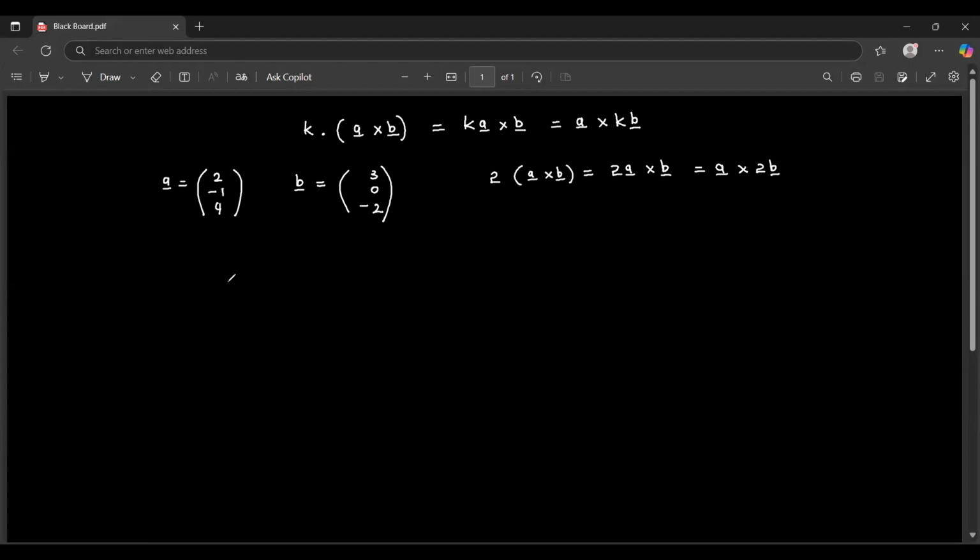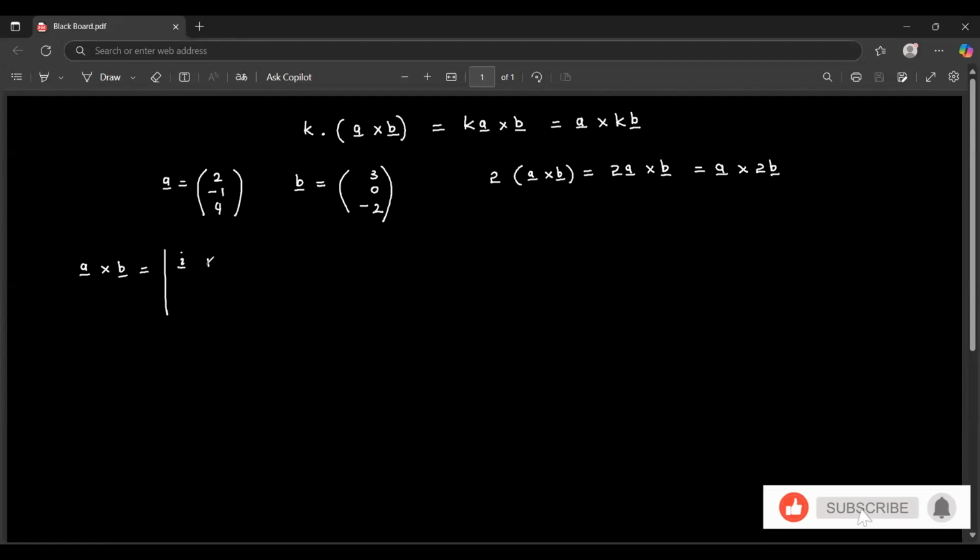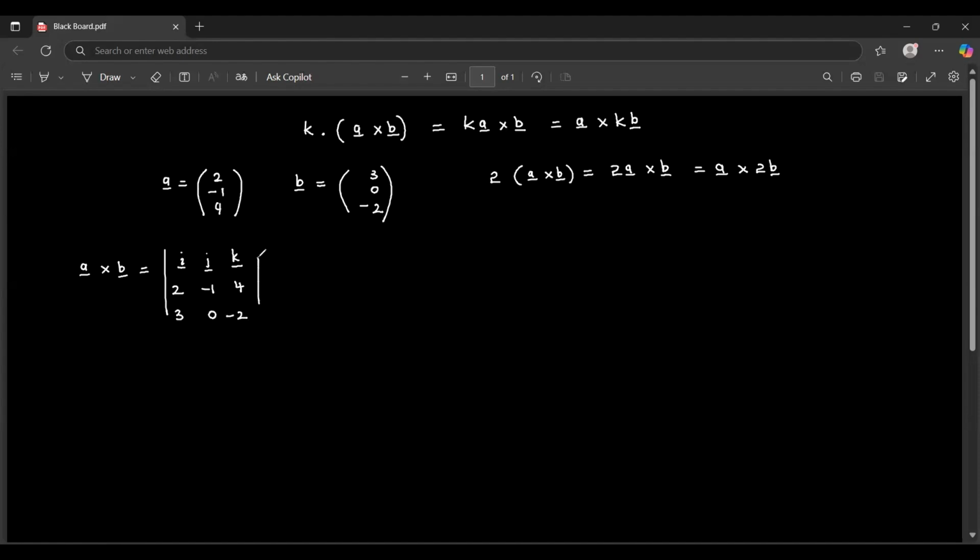I'm going to go through this very quickly. So here we have 2 into A cross B. First of all, let's find out A cross B. A cross B is equal to the determinant with i, j, and k, 2, minus 1, 4, 3, 0, and minus 2. So that is equal to i into (minus 1 into minus 2, 2), so it will be 2.